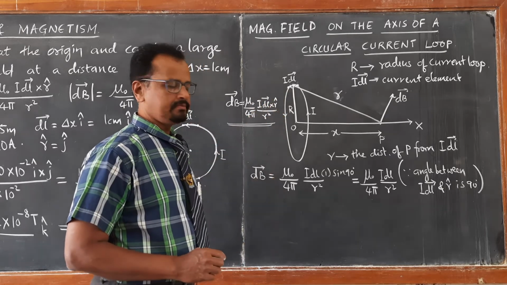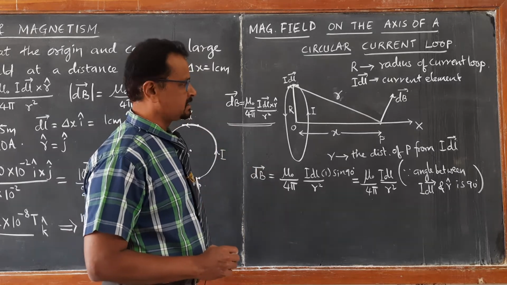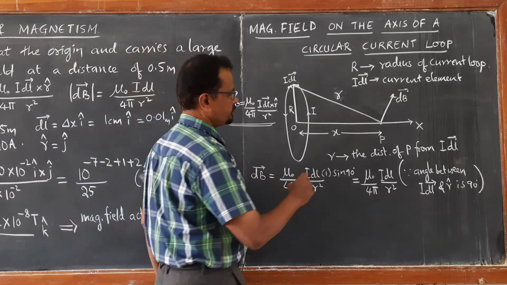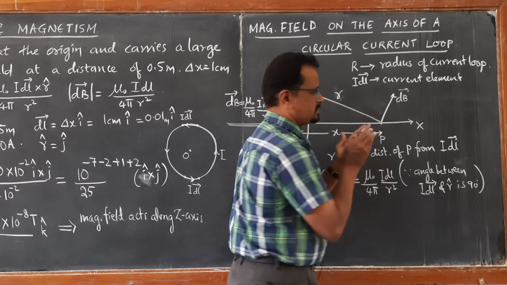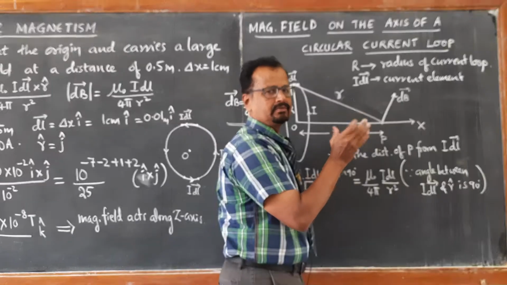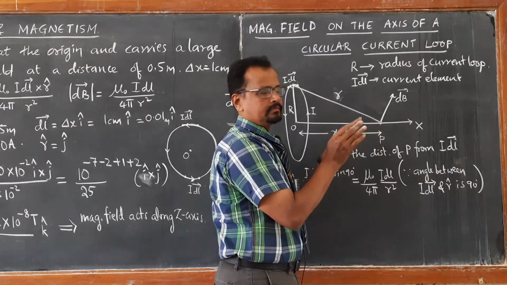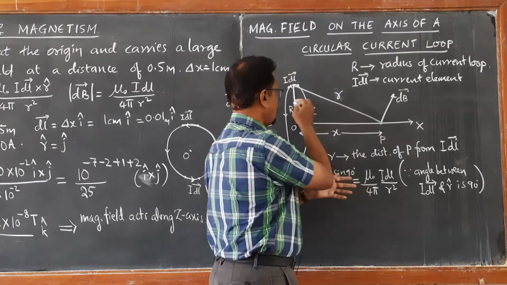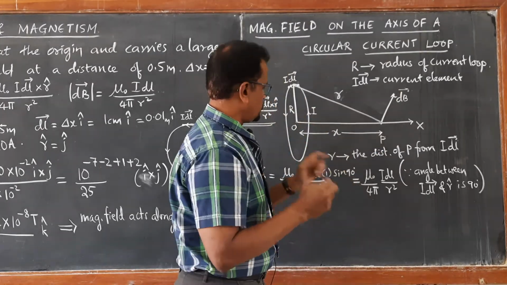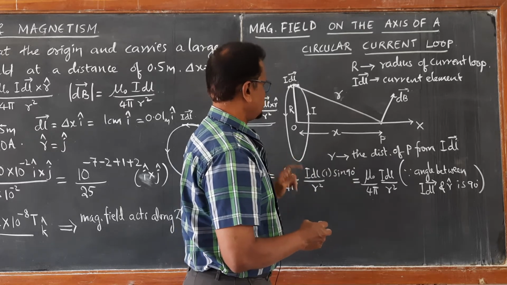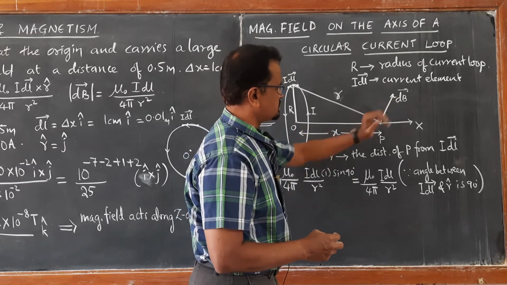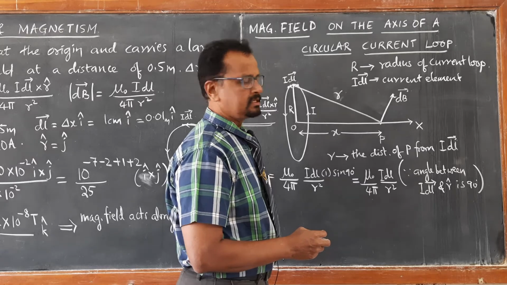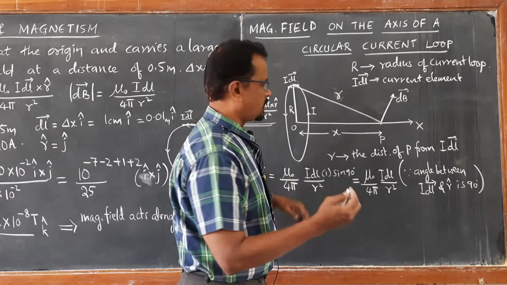So if you go on finding out, interestingly, you will get a cone of magnetic fields, which cannot be shown on the board. The magnetic field will be forming a cone due to all these elements. So, very interesting thing is, if you resolve this dB into its two components.